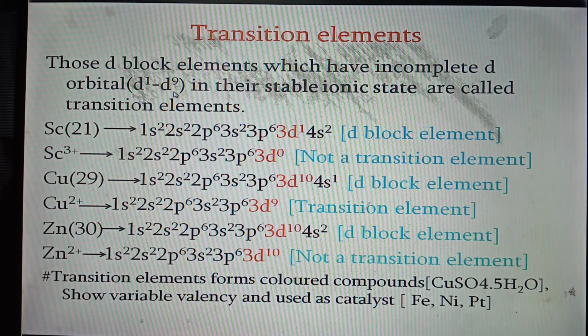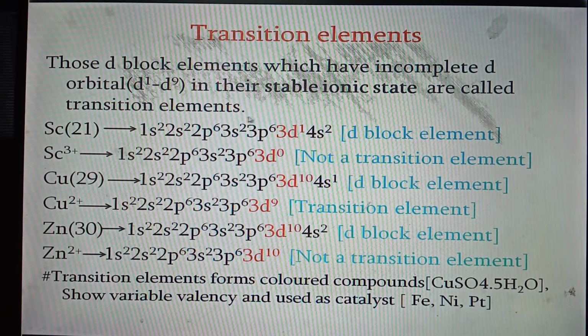Since the maximum capacity of the d orbital is 10 electrons, if it contains 1 to 9 electrons, then you can tell that the d orbital is incomplete. So the d block elements having an incomplete d orbital in their stable ionic state are called transition elements.